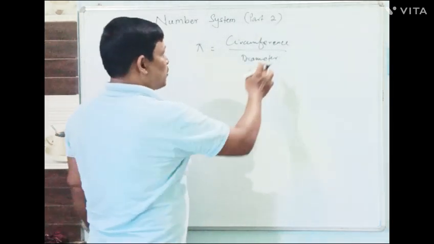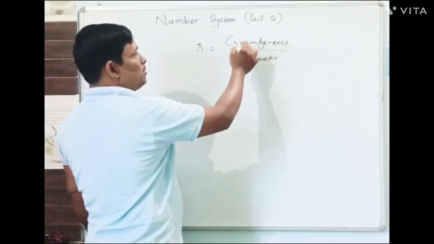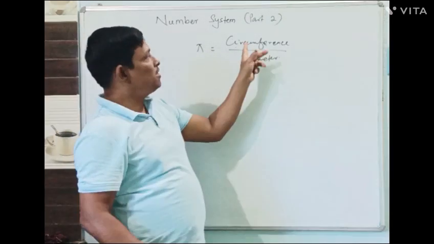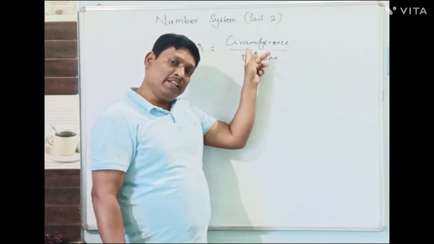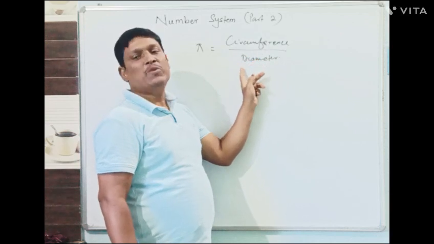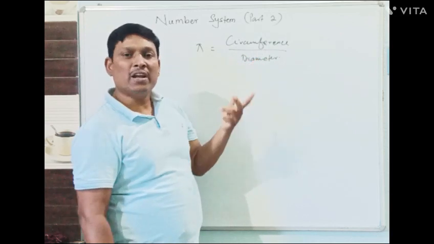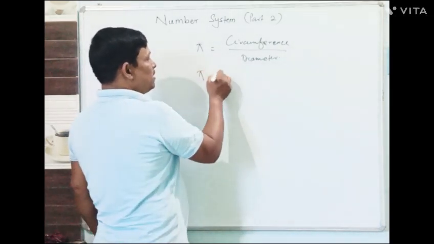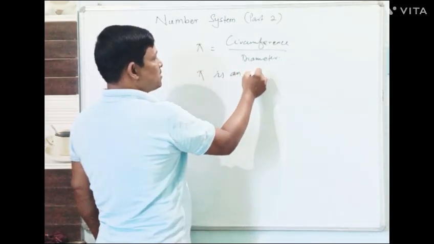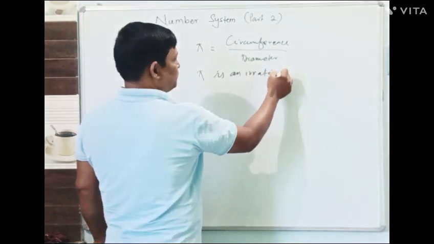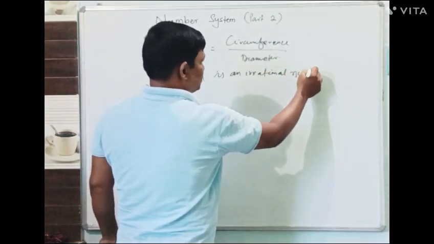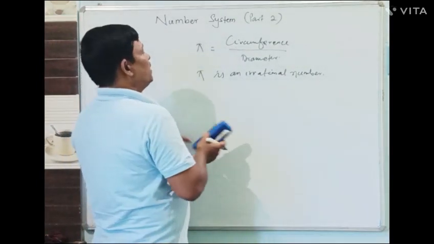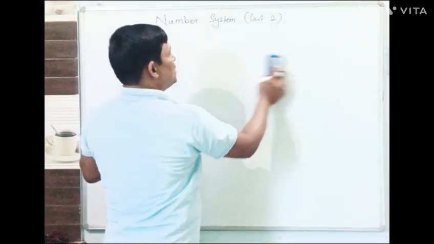Either the circumference may be an irrational number or the diameter may be an irrational number, so pi must be an irrational number. Understand? So pi is an irrational number.